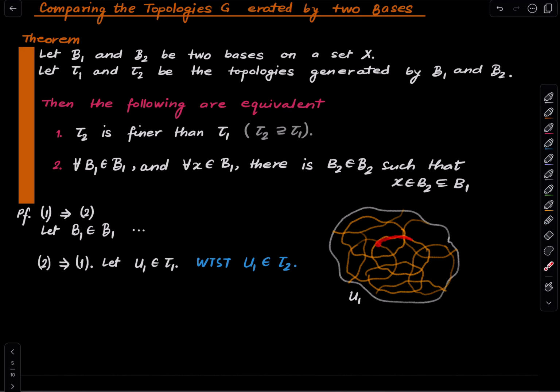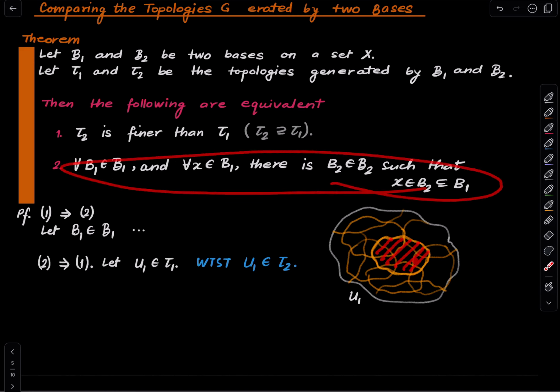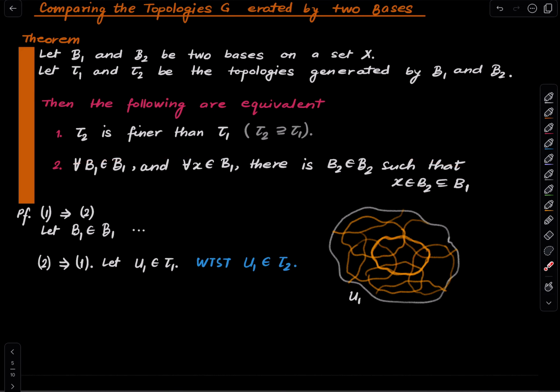Now, if you pick one particular guy, let's say that one, this is an element of script B1, and by our assumption, this can be written as the union of some of the elements of script B2. So maybe we can denote that in the diagram. Each green thing is in script B2. So what happened? This can be written as the union of the green things, and this is true for every orange thing. So this entire thing can be written as the union of green things.